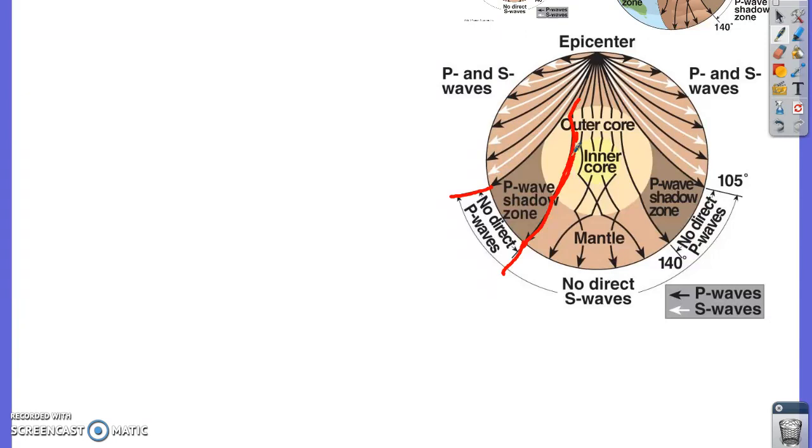But they also seem to be refracting again, based on the pattern of where they showed up on the surface, so we assumed there must be another layer that was causing them to bend again. They also seem to speed up a little bit, coming out faster than we would have expected. So we figured they must have gone through a solid inner core, and that's why we think the outer core is more liquid and the inner core is more solid.